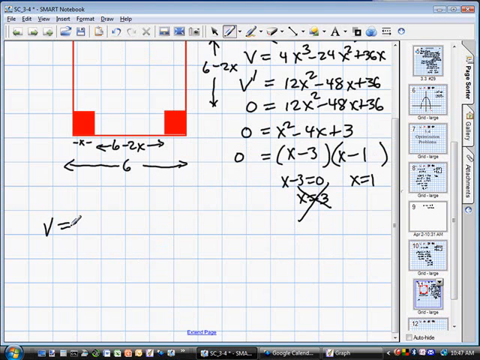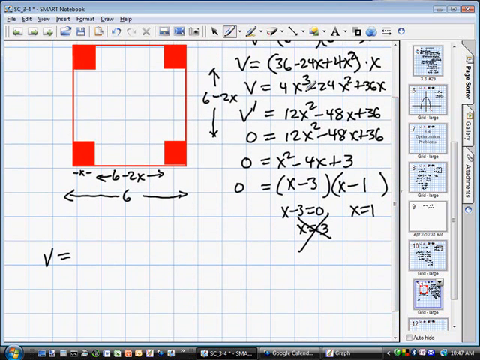Well, where is it? Right here. I'm just going back and copying my V equation that I did before. What happens when x is 1?